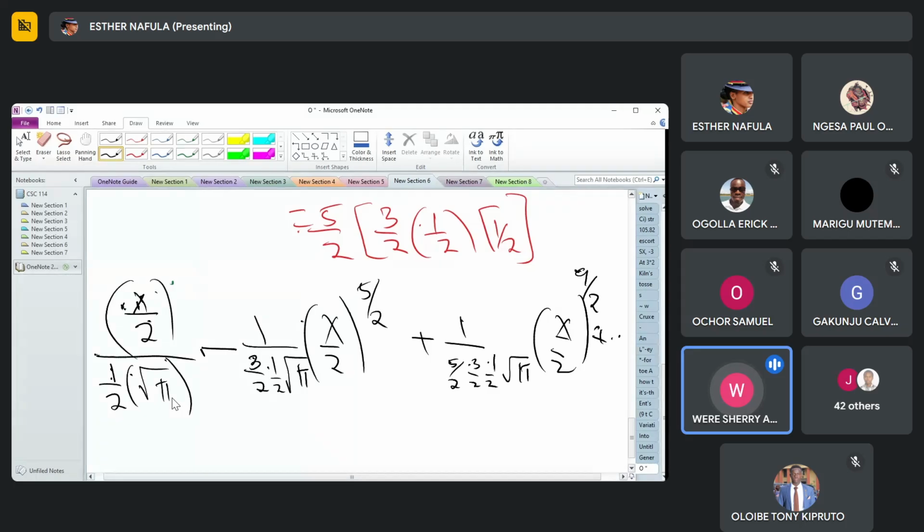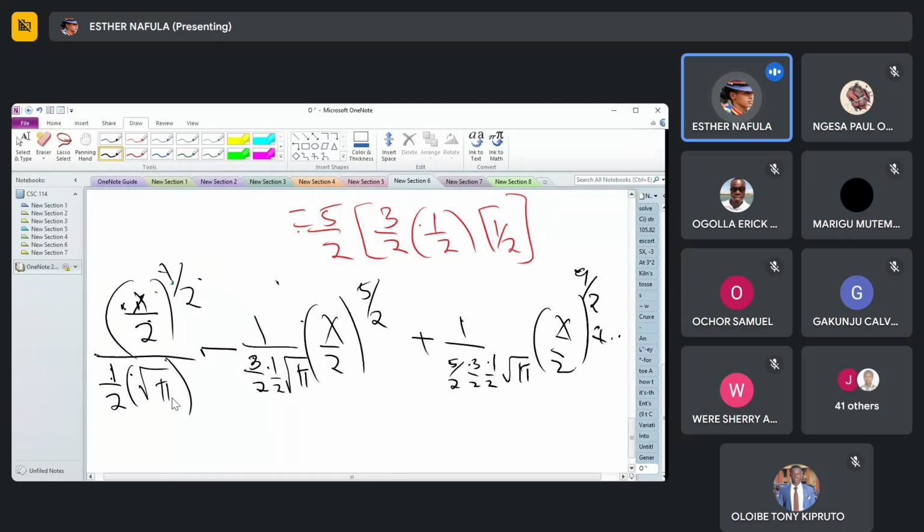Okay, the first term was x over 2 raised to power half. So all the terms contain an x over 2. The first one is x over 2 raised to half. The second is x over 2 raised to 5 over 2. Then x over 2 raised to 9 over 2.